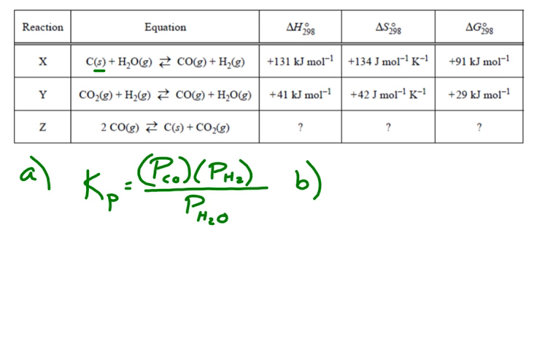Just understand that. Letter B, for reaction X, will the equilibrium constant Kp increase, decrease, or remain the same if temperature rises above 298? Okay, this is not a simple one where I don't need to look at an equation. Whenever temperature goes up, it speeds up the reaction. That means it's always going to make more things. What does the temperature relate to on this board? Temp relates to that one, right?